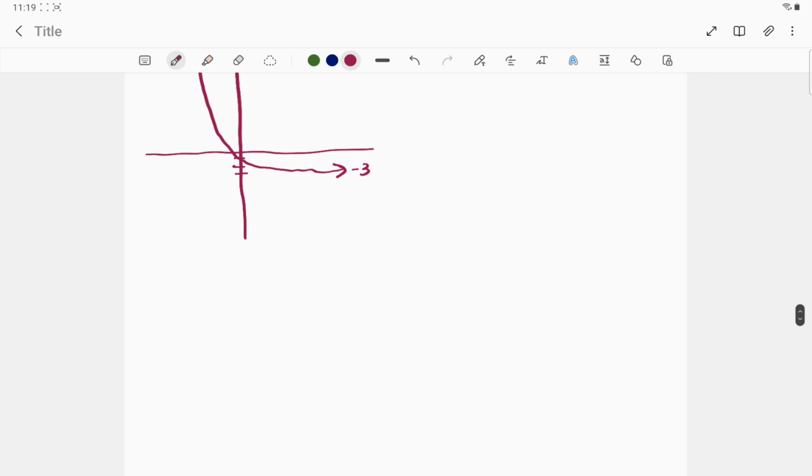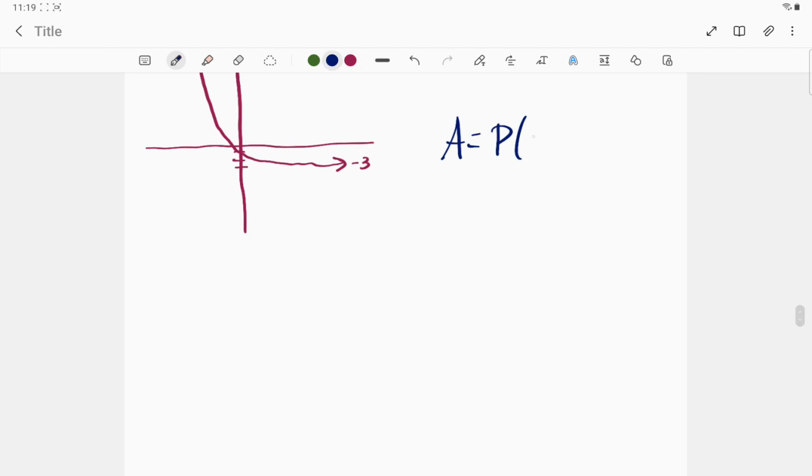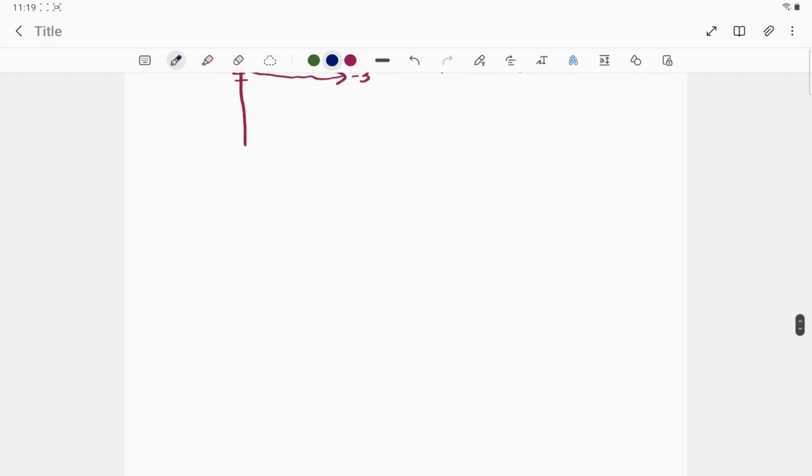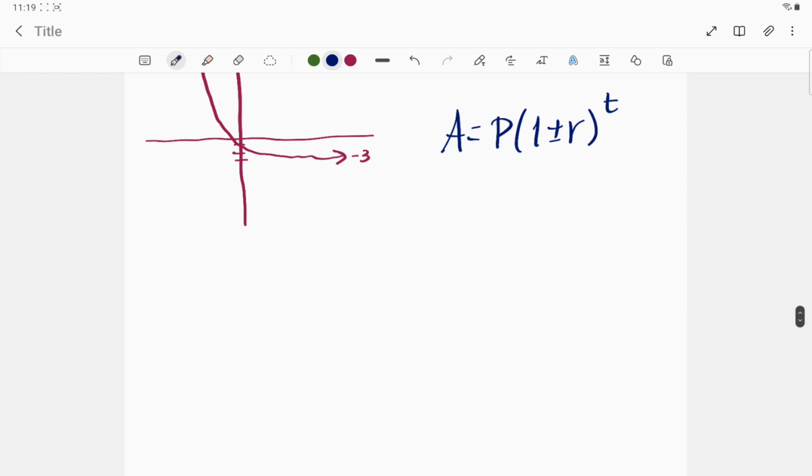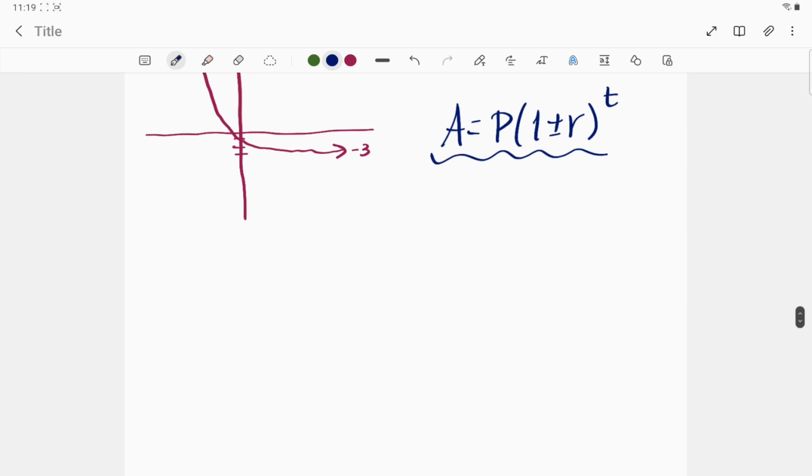Now, where those go even a little further is when we talk about compounding interest or problems with exponential growth or decay. So if I have like this formula, this is just for general growth or decay. So you'll see this in problems like, the population of water buffalo in a certain state.